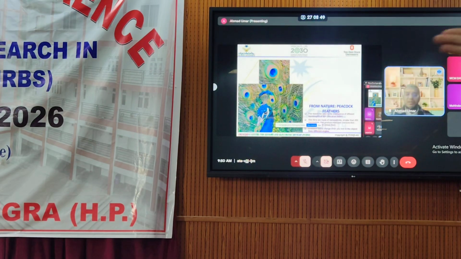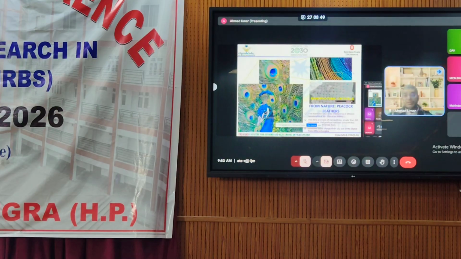The feather has a different wavelength, and when the light comes from a different direction, it shows different colors. Those feathers also have photonic crystals. Also, the peacock feathers have a nano hydrophobic surface on this nanophotonic crystal. So once there is water on the feather, it cannot stick to the feather.